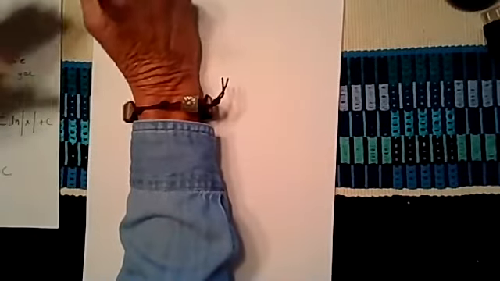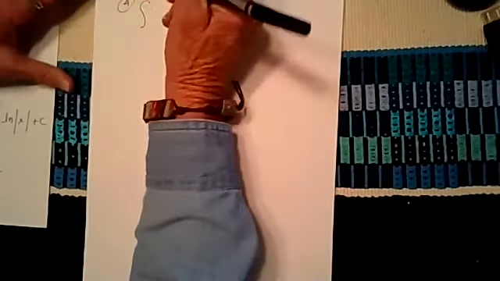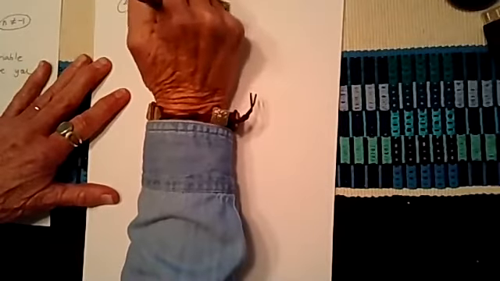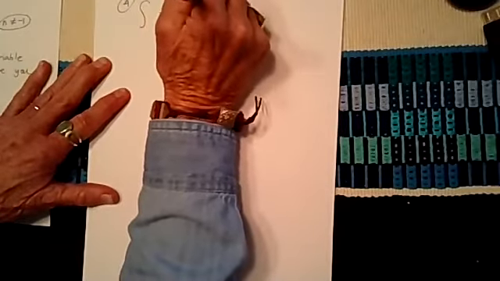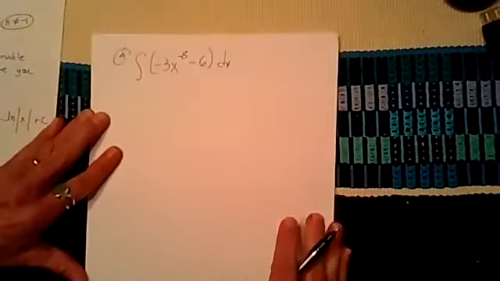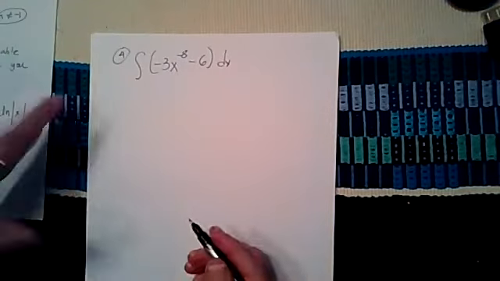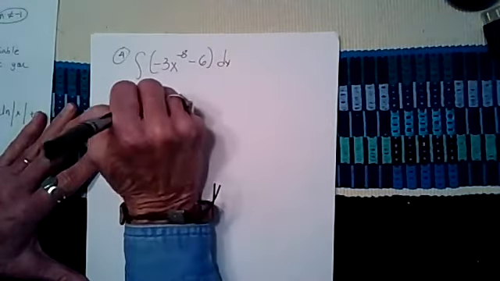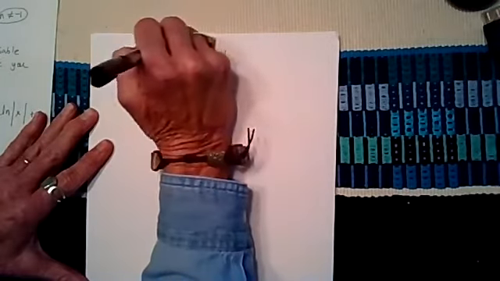Question number 4 will be the integral of -3x to the -8 minus 6 dx. Here I don't have to rewrite because all my x's are up. So I'm going to just start applying my rules. This is rule 2.